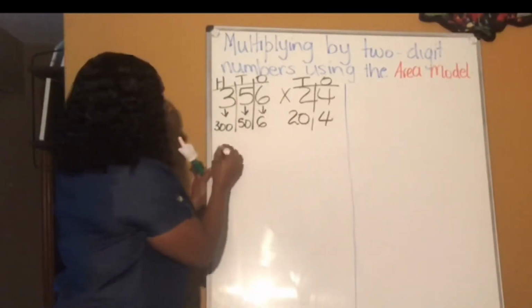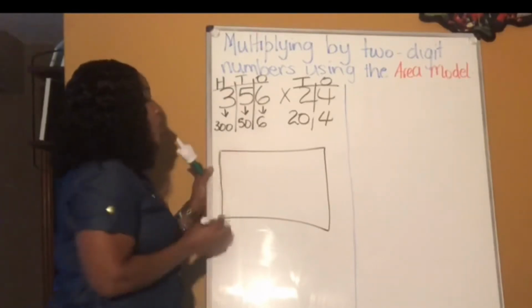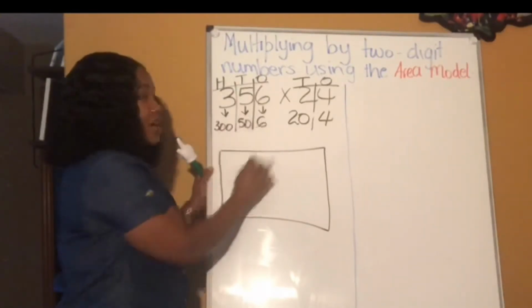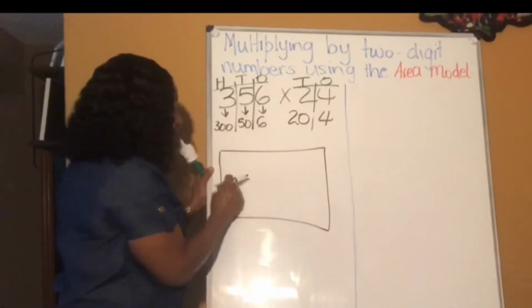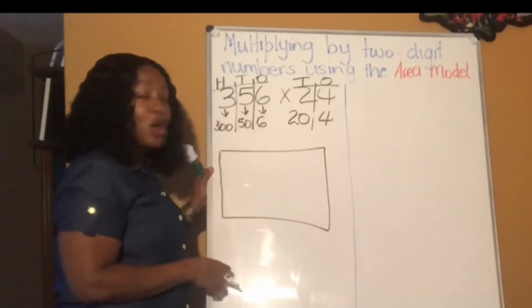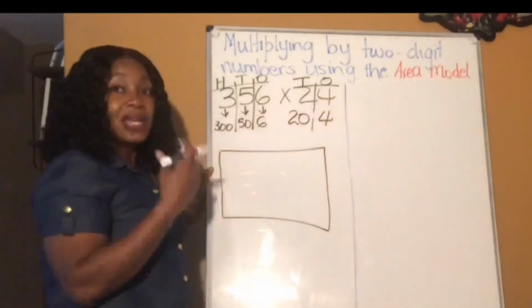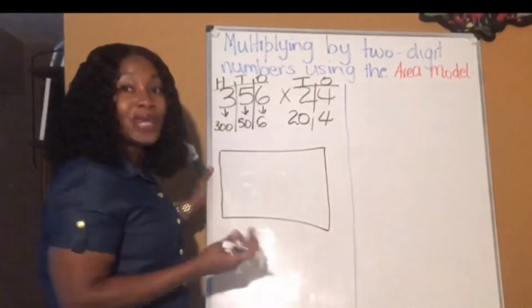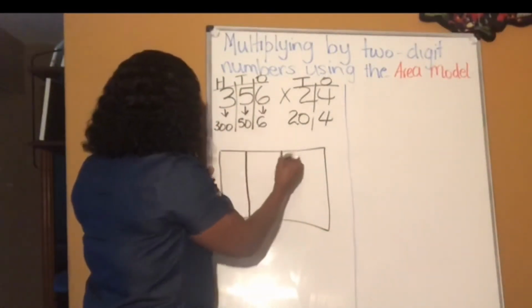Now we're ready to draw our model. Now we have 3 numbers here and 2 over here. We can split it down 3 ways and split it across 2 ways, or we can split it down 2 ways and split it across 3 ways. It depends on what you want to do. It's okay. Any way you do it, it's going to be correct if you multiply correctly.